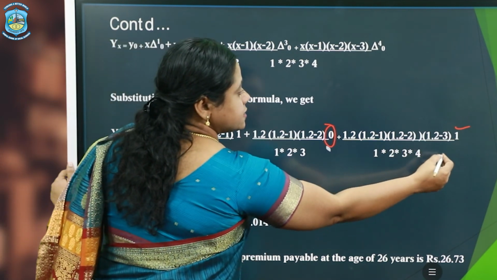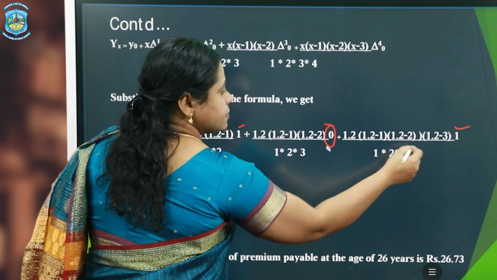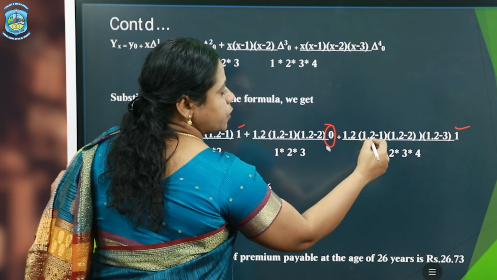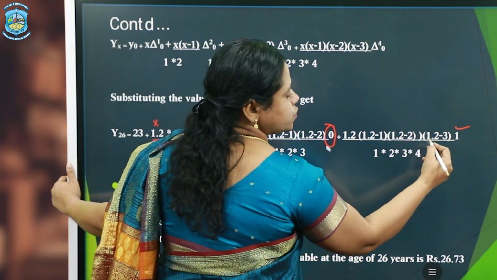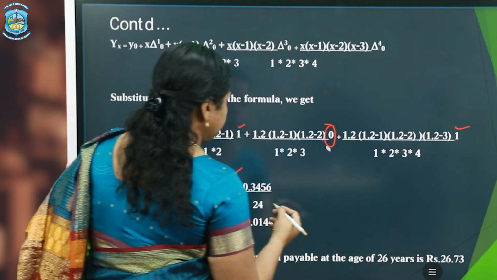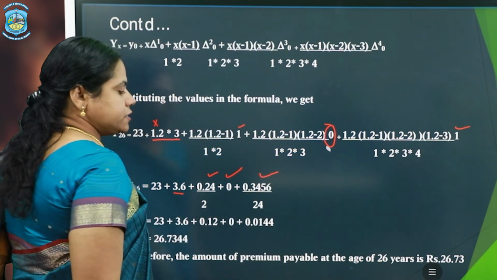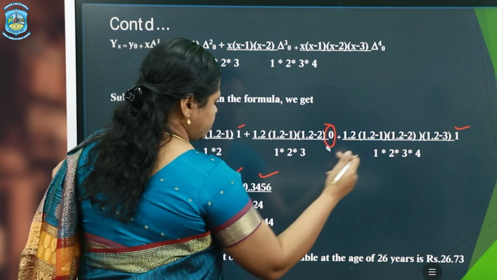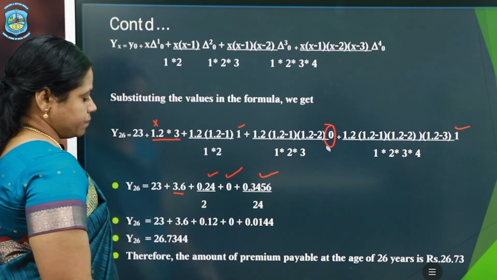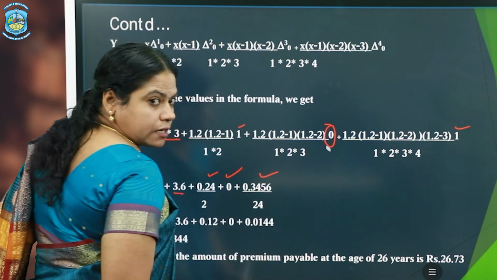And then next, when we do the calculations here, 1.2 into 1.2 minus 1, 1.2 minus 2, 1.2 minus 3. Then we multiply, we will get 0.3456 divided by 4 into 3 into 2 into 1, that is 24. Okay, you have to take care of the denominator as well.